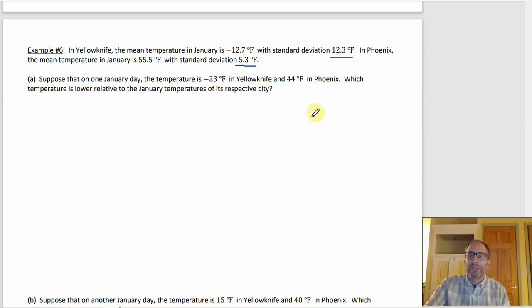So in both, it's cool or it's cold compared to what usually goes on in January. But which one of those is going to be lower relative to the January temperatures of that city? I mean, in absolute terms, it's Yellowknife, but it's always going to be Yellowknife, right? A hot day in Yellowknife in January is still going to be extremely cold in Phoenix, right? So we can't just compare them directly. So we're going to use the z-scores.